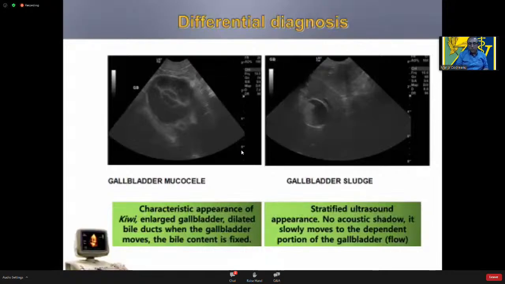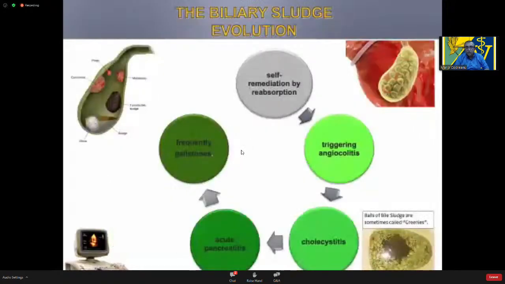Of course, when the gallbladder moves, the bile content is fixed. Compared with this, the gallbladder sludge has the appearance of stratified content on ultrasound without acoustic shadow, and slowly moves, independent of the gallbladder, in case of flow.